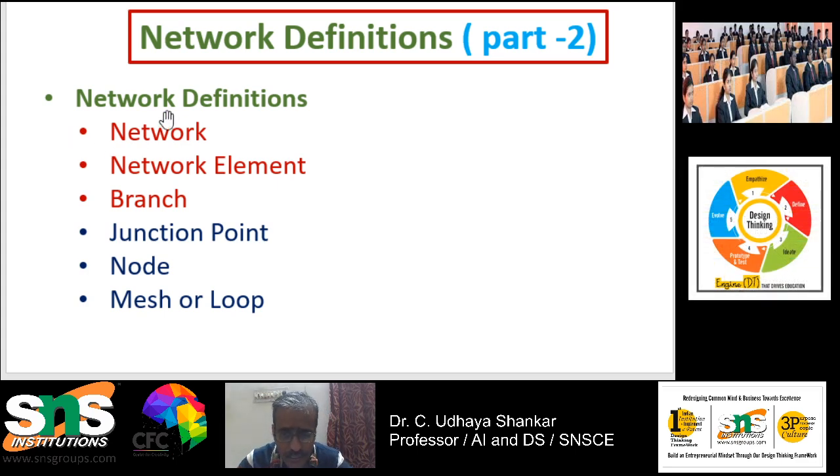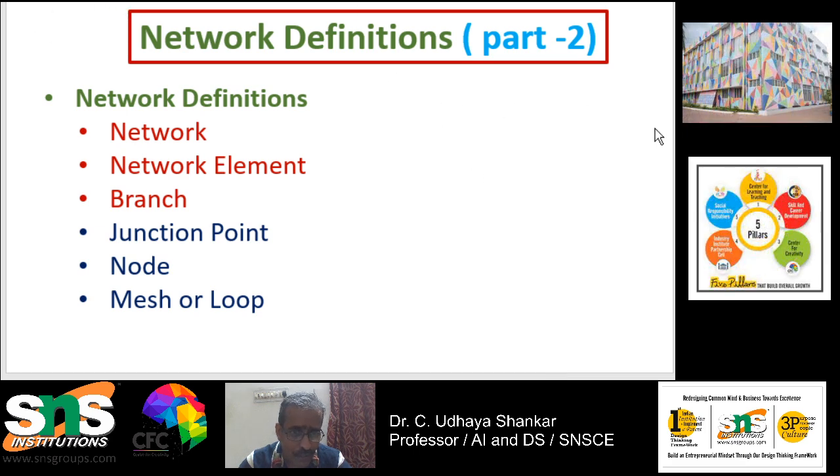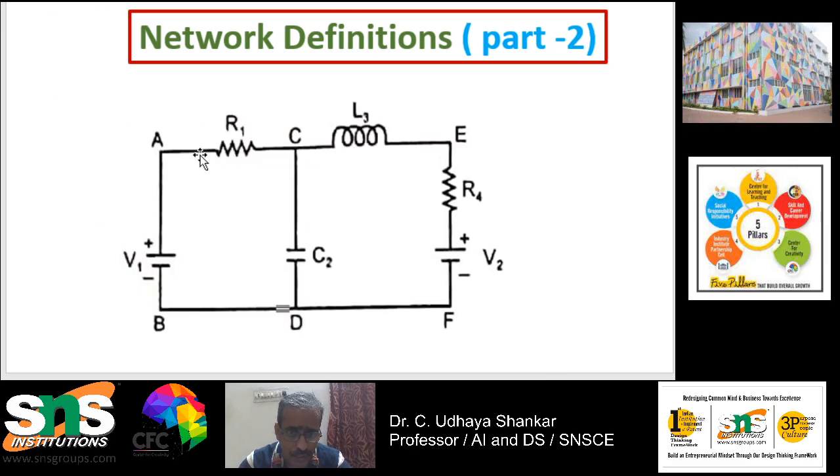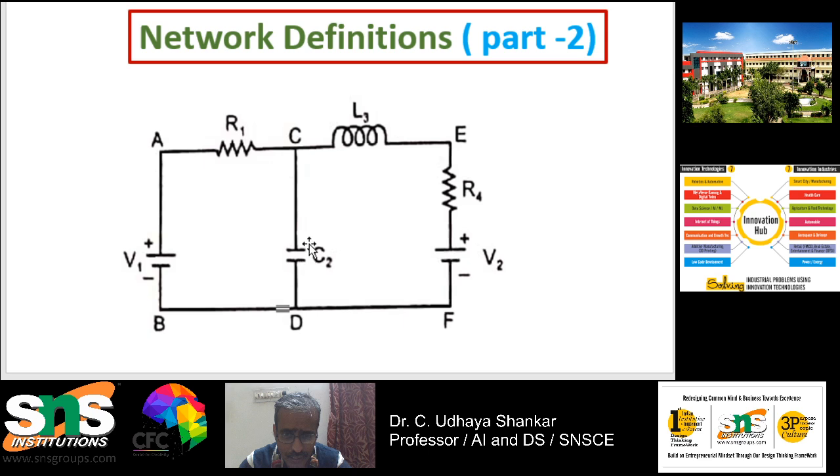In this figure you can see where three or more branches meet. This is one branch AC, this is one branch CE, and this is another branch CD.